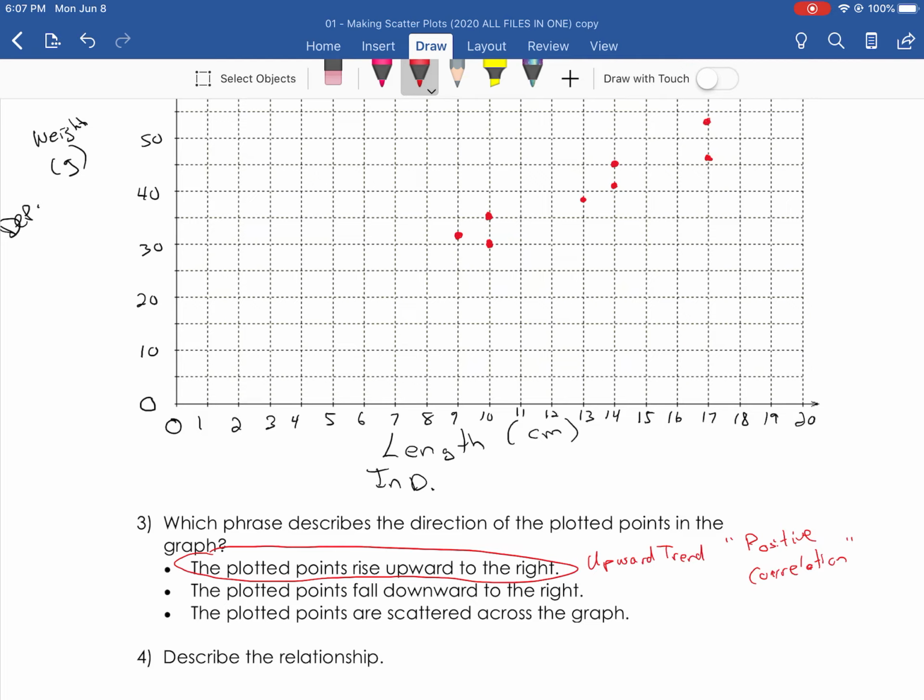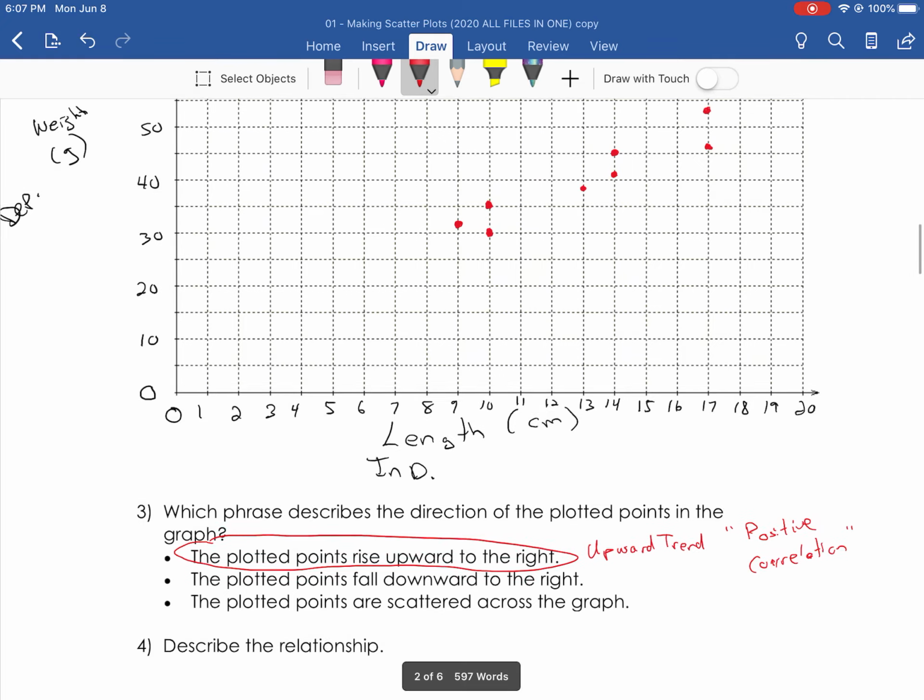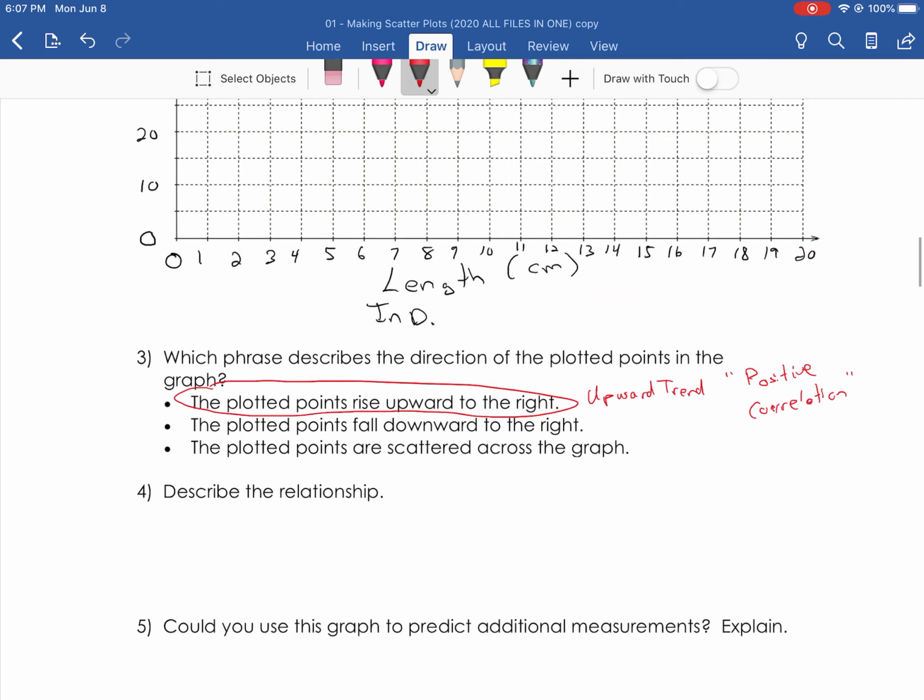You could also have negative correlation, and sometimes you could even have no correlation where you don't see it trending one way or the other. It says describe the relationship, and I'm going to keep it simple here. I'm going to say longer puppies, generally, weigh more. Seems to be trending upwards here.